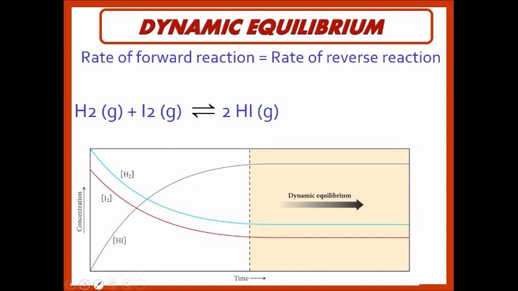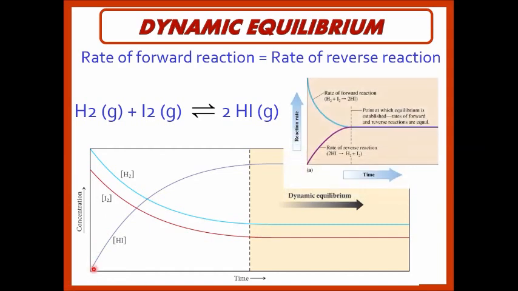So here if we take a look at this inset graph, the rate of the forward reaction initially is much higher than the rate of the reverse reaction. But we can see that as the reaction begins to reach equilibrium, the rate of the reverse reaction increases.